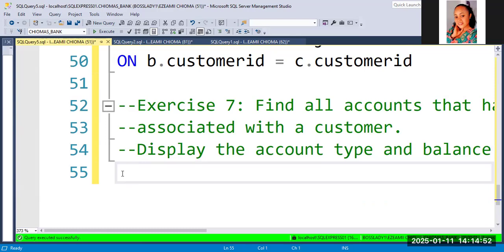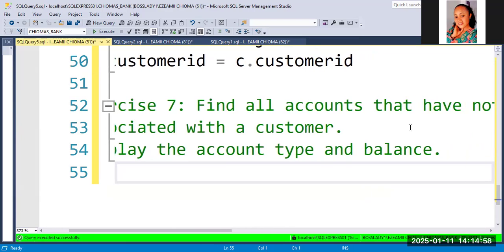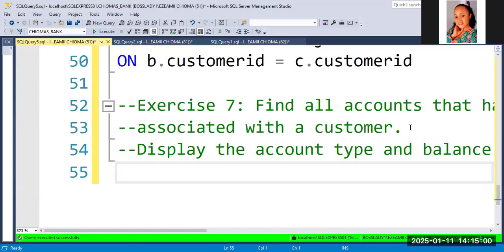Okay, so looking at the question, we need our account table to get all the accounts that have not been associated with a customer. So the accounts that don't have customers, then display, because I say it is for the purpose of this lesson, because definitely if you have an account, then you are a customer. So display the account type and the balance.